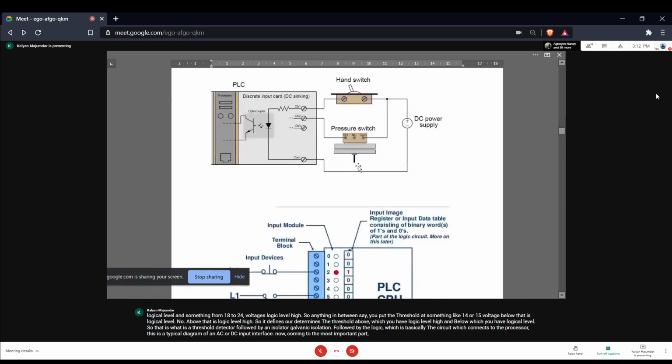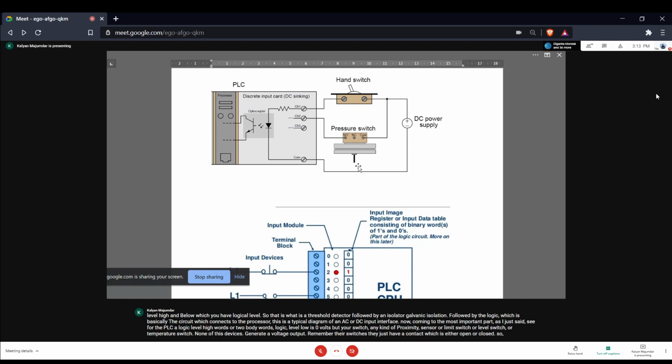Now coming to the most important part, as I just said, for the PLC, logic level high is 24 volts or 220 volts. Logic level low is 0 volts. But your switch, any kind of proximity sensor or limit switch or level switch or temperature switch, none of these devices generate a voltage output. Remember, they are switches. They just have a contact which is either open or closed.